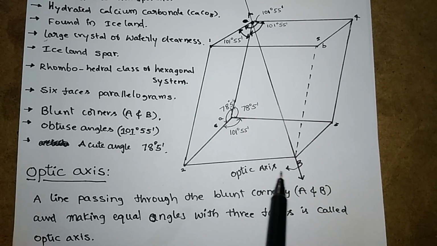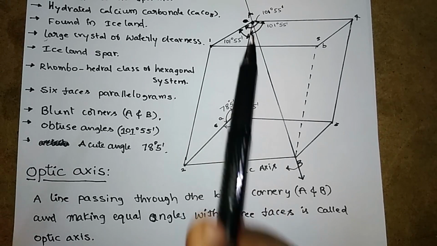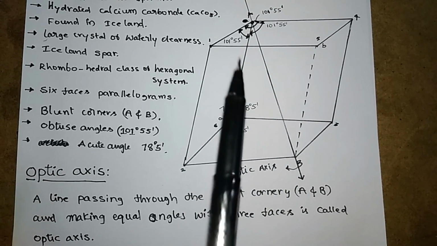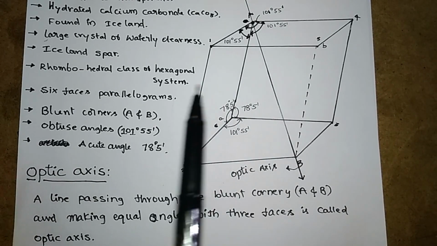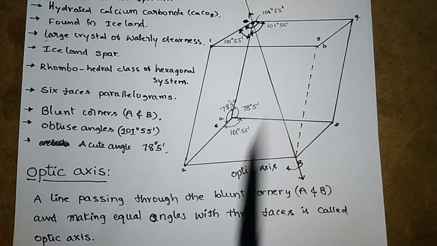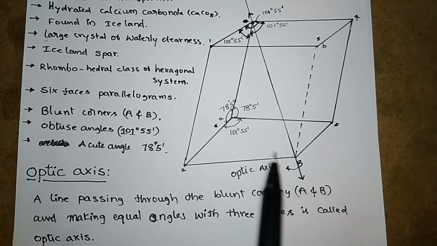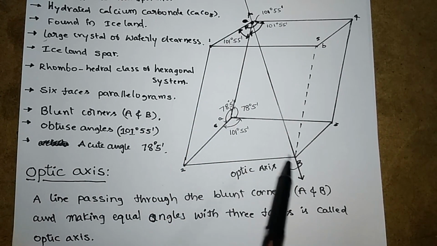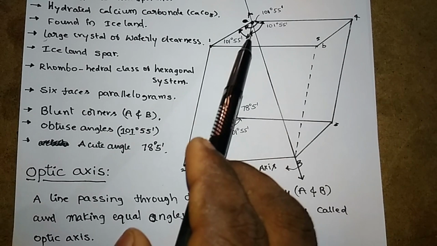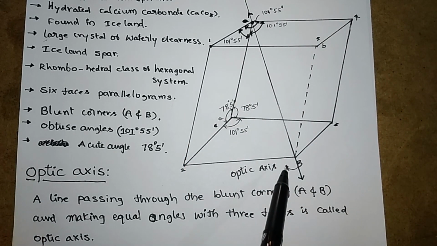If we pass an ordinary light along the direction of the optic axis parallel to the line joining the blunt corners, then we do not get extraordinary and ordinary rays through the calcite crystal. Okay, the line AB joining the two blunt corners gives the direction of the optic axis.